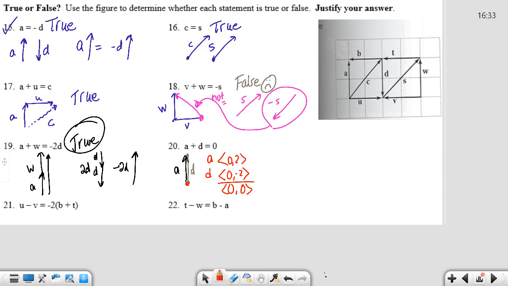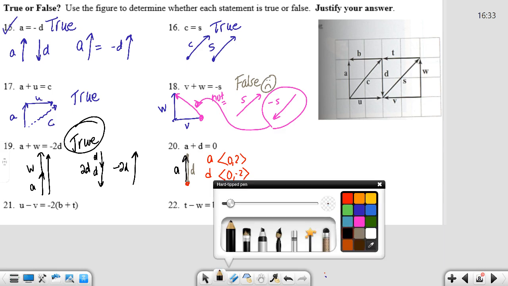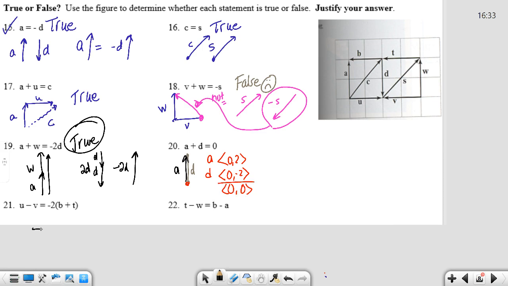Number 21, u minus v, does it equal negative 2 multiplied by b plus t? Ooh, that's a heck of a lot to try to keep up with. All right, u minus v. So here is vector u, and vector v goes that direction, but we want minus v. So there's minus v. So there's u minus v. Okay? Let's erase that so we don't mess it up.